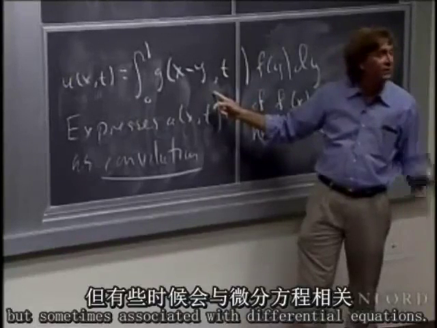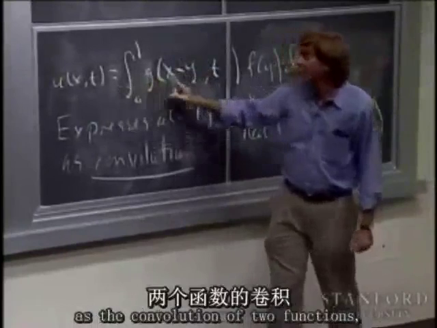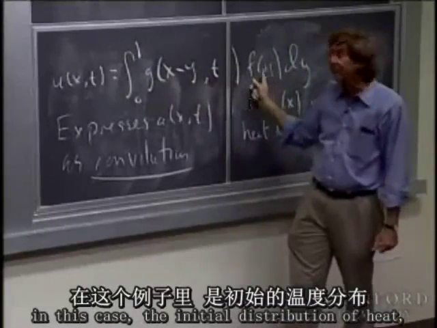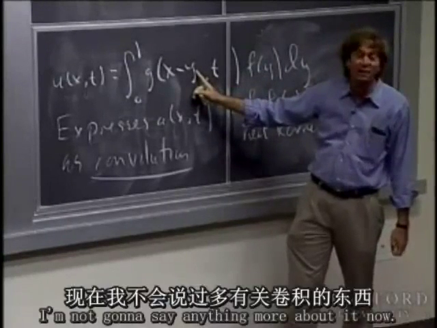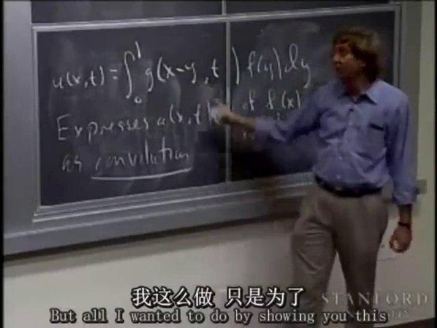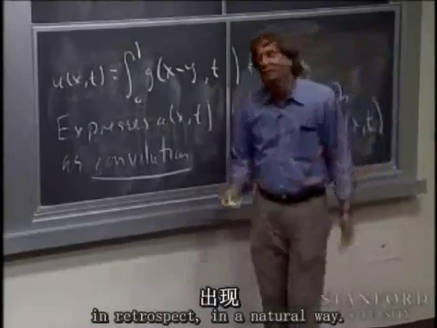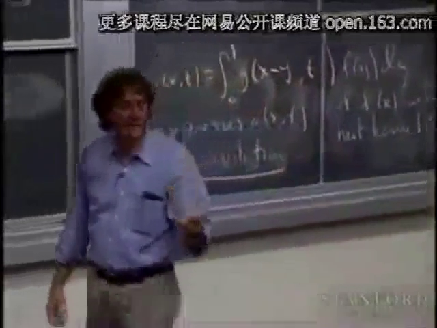The fact that you could write a solution as the convolution of two functions, in this case the initial distribution of heat and the special function that's associated with the equation. I'm not going to say any more about it now. I'm not even going to give you the general definition of convolution. But all I wanted to do by showing you this was that it comes up, in retrospect, in a very natural way. It's the sort of thing you should expect to see.